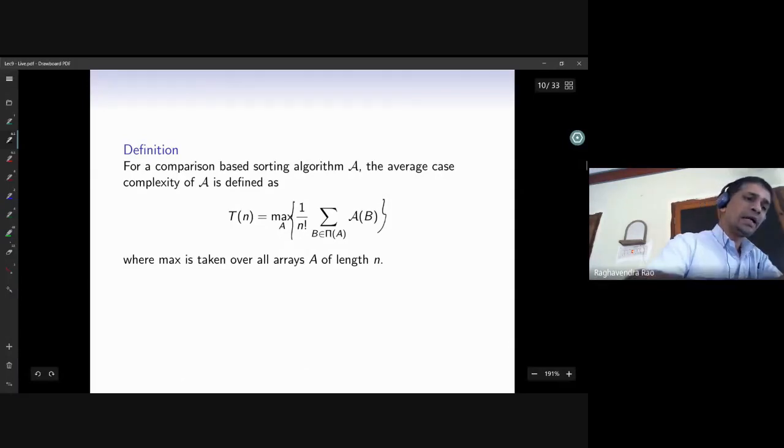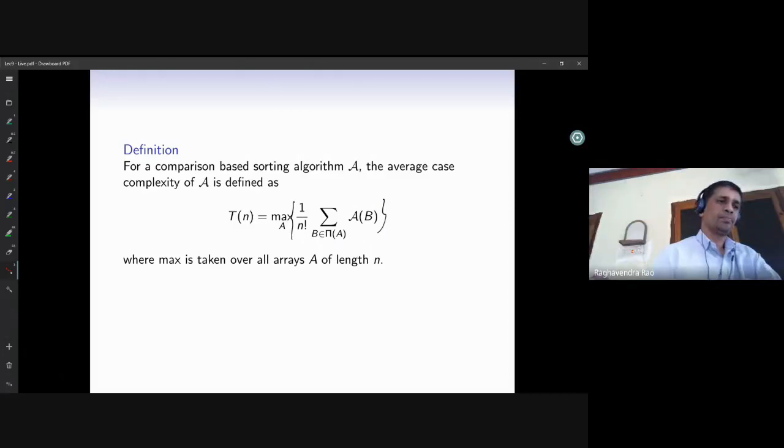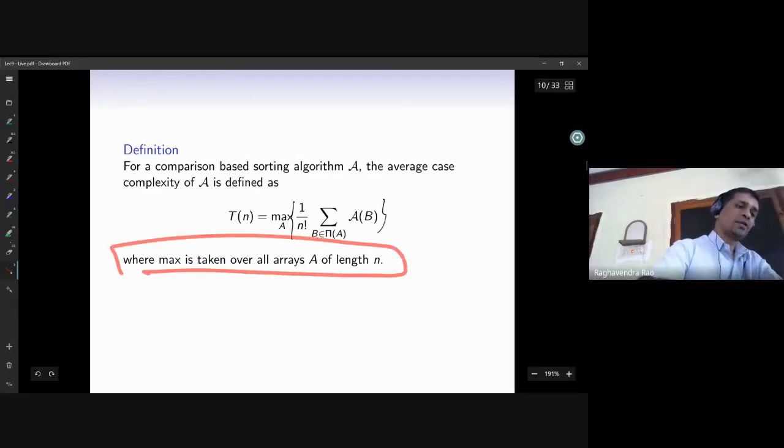So this is a weighted average: 1 by n factorial times the sum of the complexities of the algorithm on permutations of this array. I run over all permutations of this array, which we denote by pi of A, and I take the average, where the max is taken over all arrays of length n.